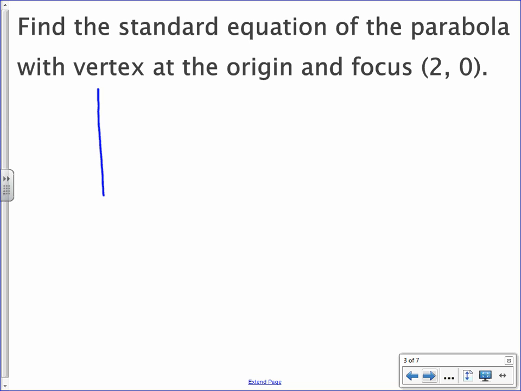All right? So we have our vertex at the origin, and our focus is here at (2, 0). Okay? So first of all, we know that the vertex is (0, 0), right? So what does that mean about h? It is 0. What's k? Okay, if our vertex is (0, 0), then h and k are 0 and 0. All right?